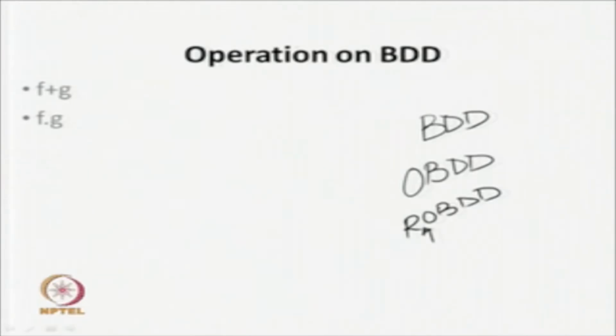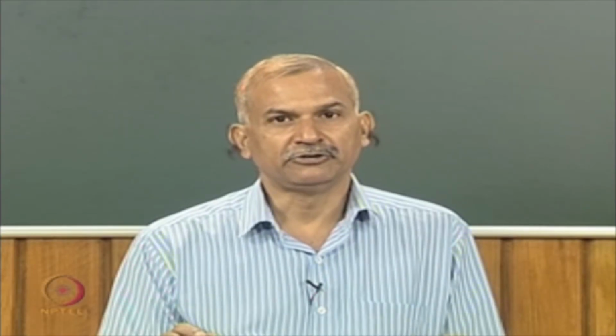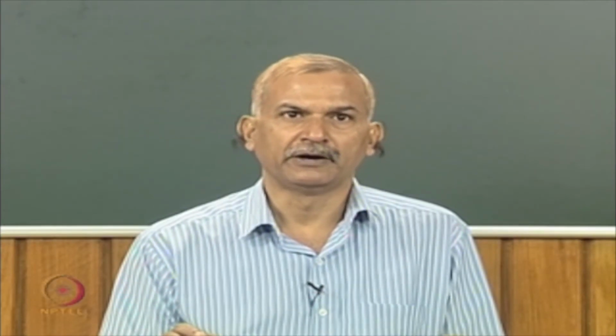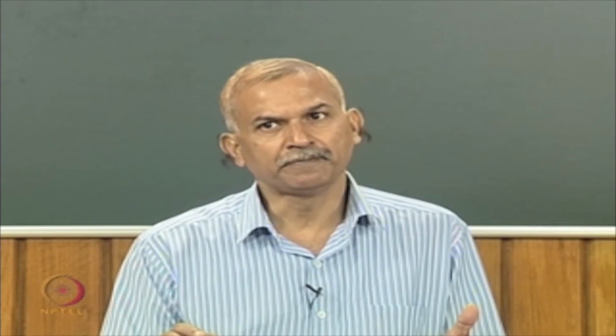And we have seen one property: the ROBDD of a given function is always unique. That means it is the canonical representation of a given Boolean function. So, with a particular variable ordering, we get a unique BDD structure for that function. If we change the variable ordering, we may get another structure.